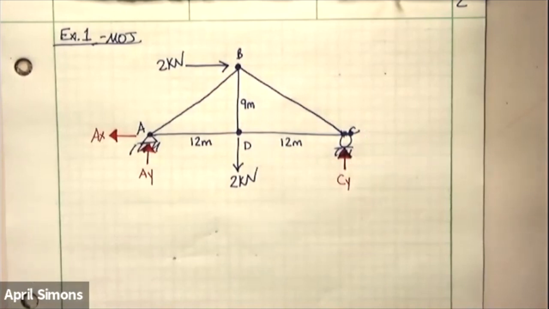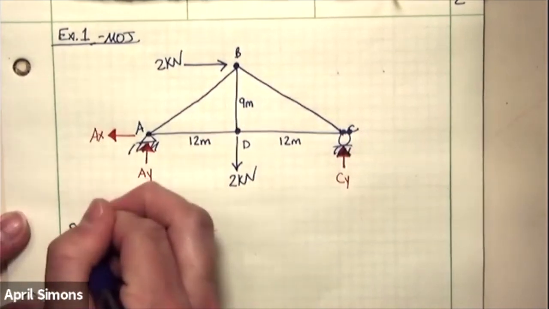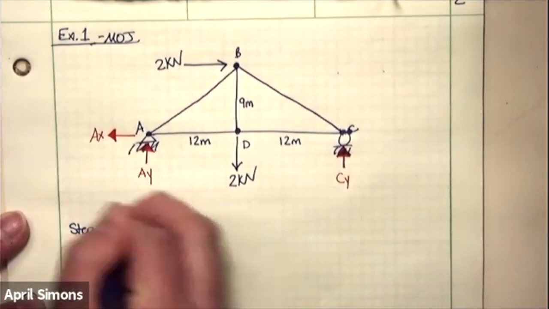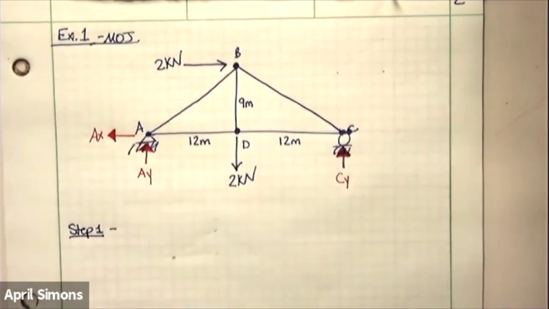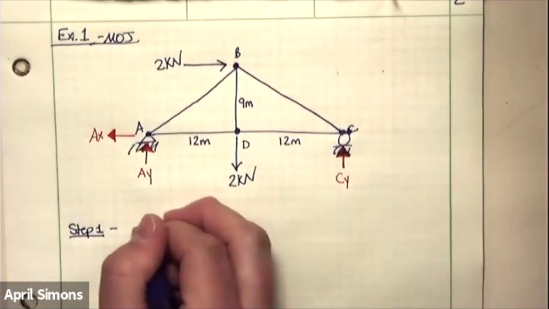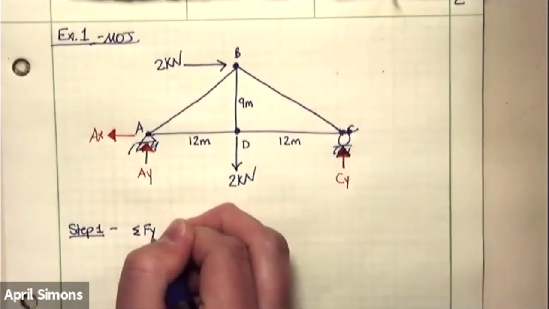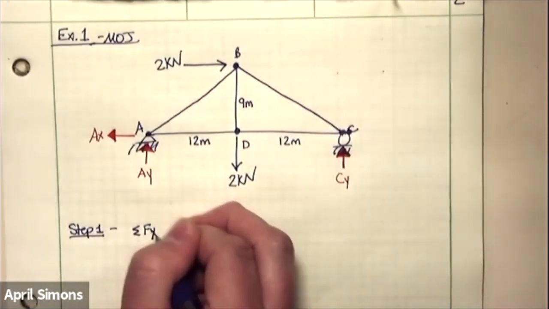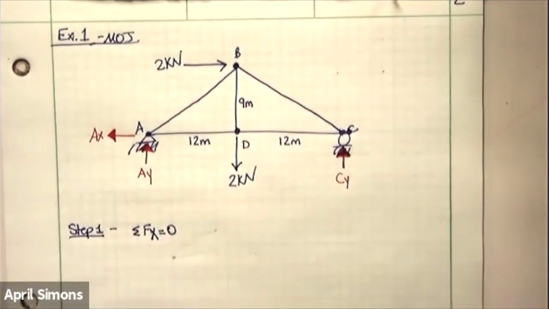Okay, so those are our 3 unknown support reactions. Let's call this step 1, just so we can keep in line with the steps that we laid out earlier. All right, so sum of the forces in the X direction equals 0.